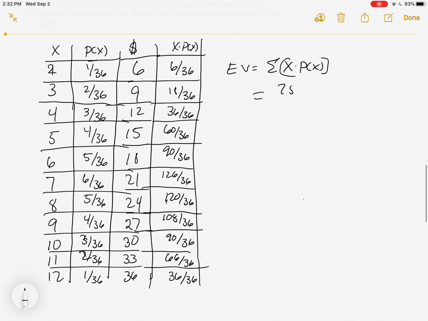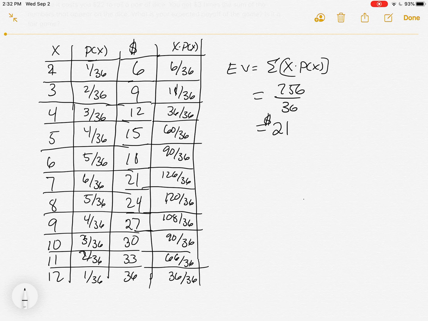I got a total of 756 out of 36, which is 21. And that's what I remember the answer being. So again, how did I get the 756? I added the numerators, and then the 36 was the common denominator that was there. So I chose not to put them in the decimal form so you could better track what was happening.